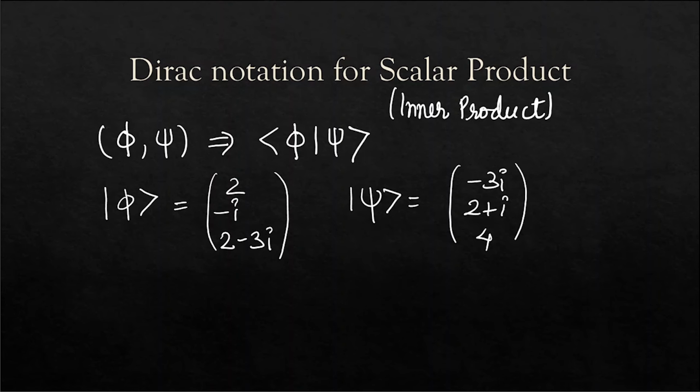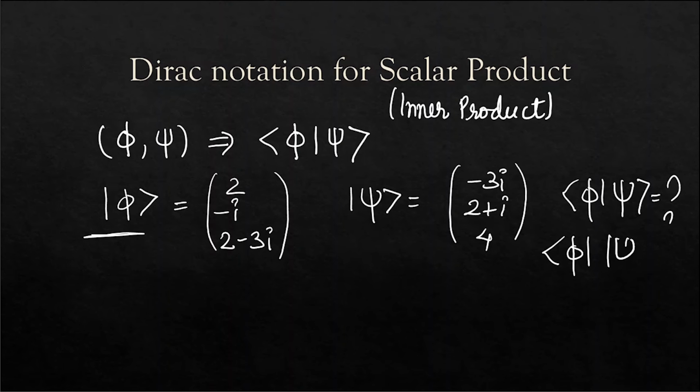So we have to find the scalar product in this order. Before that we need the bra of phi, but here we have the ket, and then the ket of psi. So first of all we have to find the bra of phi.